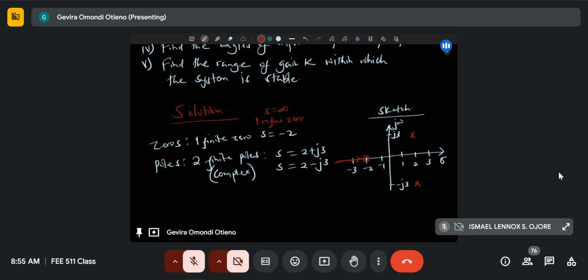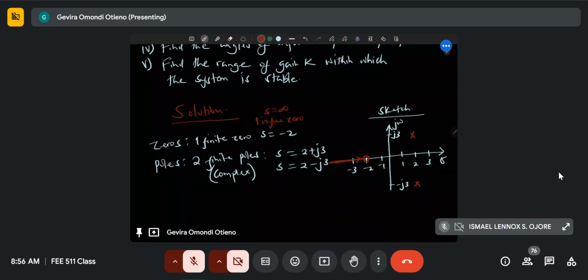In this case, we have 1 finite zero, so the other one is assumed to be at infinity. One of these 2 poles will come and terminate at this zero. The other will have to go to the zero that exists at infinity. The beauty of knowing where that zero is at infinity is that the root locus, we have been told, occurs on the real axis here. So the other zero at infinity is along this real axis.